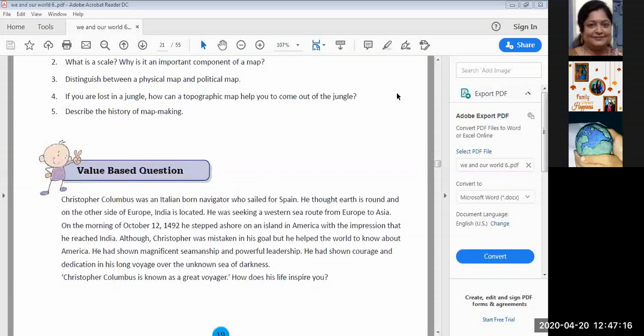So that he was able to know that yes, I'm moving, taking a western sea route. He had shown courage and dedication in the long voyage over the unknown sea of darkness where nothing was known, too much information was not there, internet connection like today was not there. Correct?